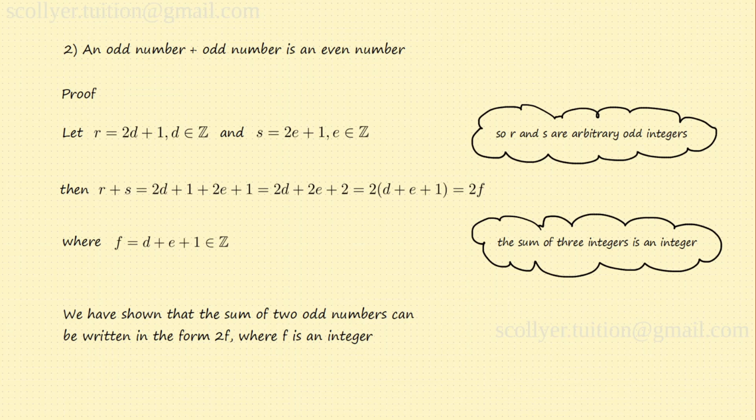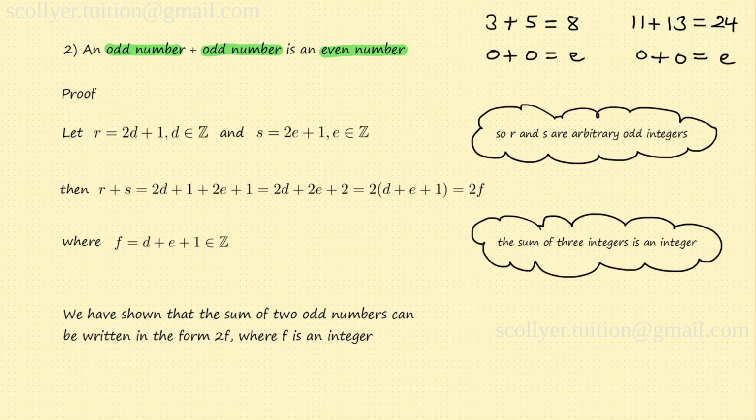Secondly, we will show that if we add an odd number to an odd number, then we produce an even number. So, for example, 3 plus 5 equals 8, odd plus odd equals even, or 11 plus 13 equals 24, and again, odd plus odd equals even.